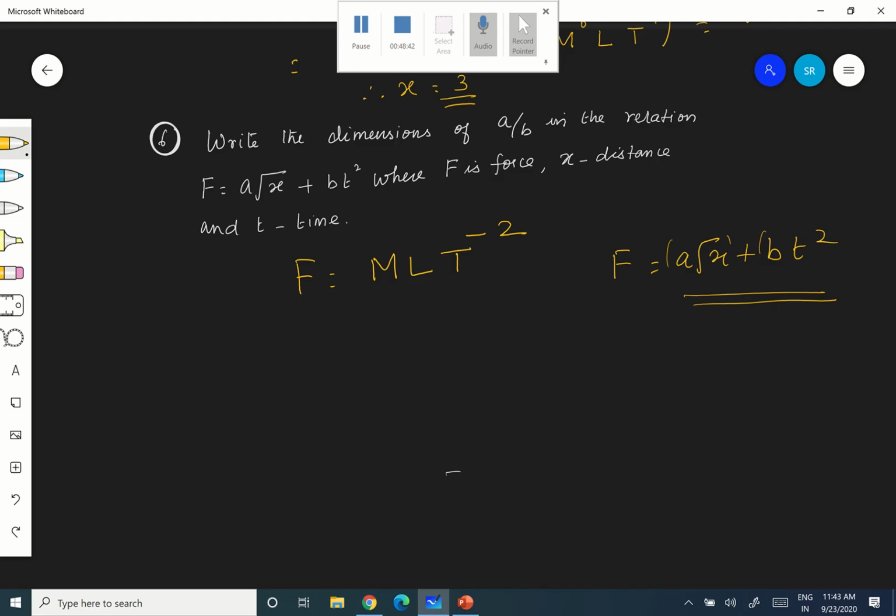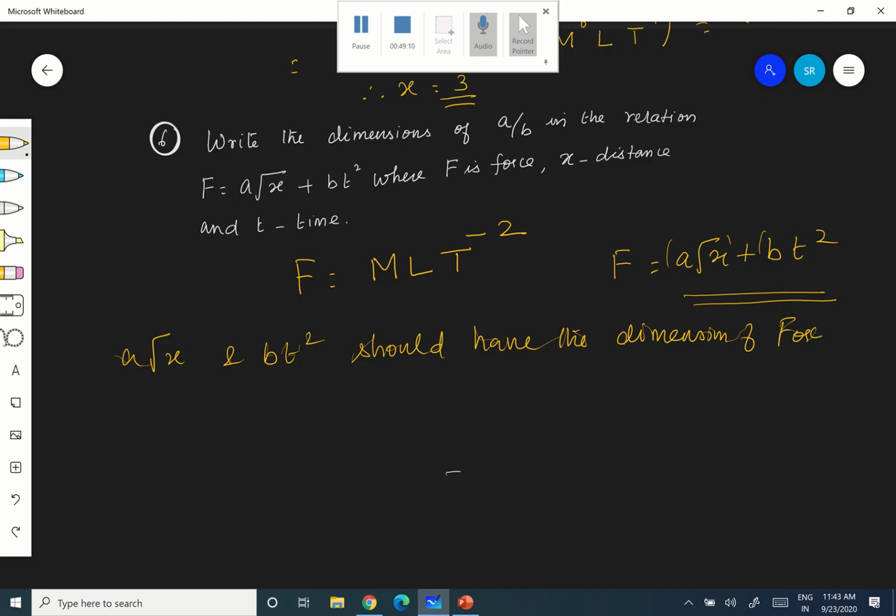Therefore, a root x should be force and b t squared should also be force.